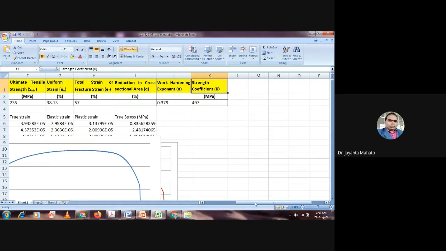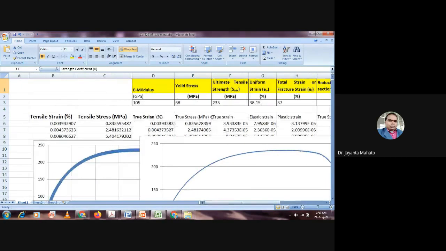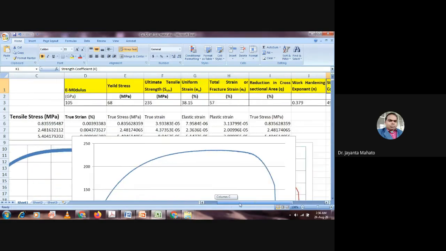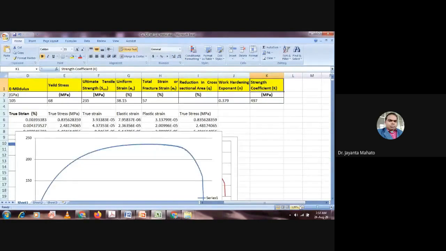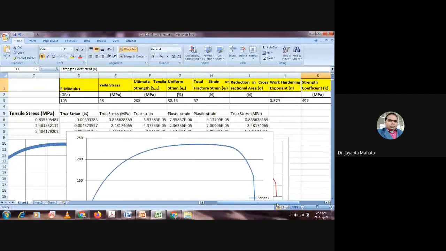How can these values be calculated from a tensile test? You can directly get the value from this PDF file, or you can calculate.